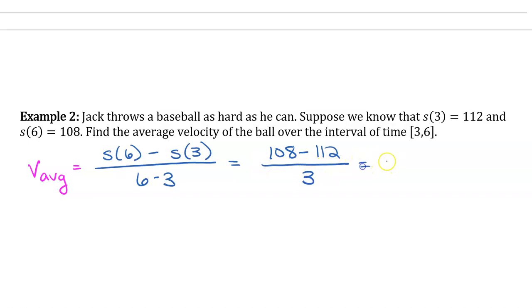So this gives me negative 4/3 feet, because height is feet, over 3 seconds. So that's negative 1.33 feet per second. Which makes sense because as the ball travels through the air, you've got wind resistance slowing it down, as well as gravity slowing it down. So it decreasing in speed makes perfect sense.